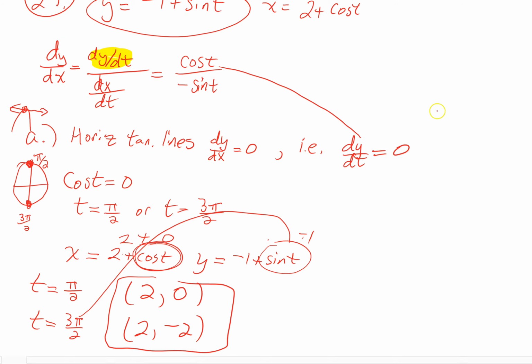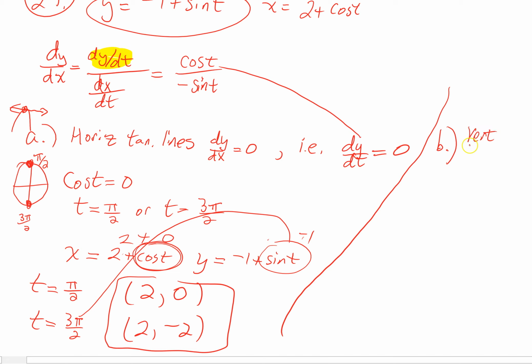Now, tell you what, I'm going to just come off to the side here. When we have vertical tangent lines, dy/dx is undefined. Your derivative wouldn't exist. The reason why is because dx/dt equals 0.